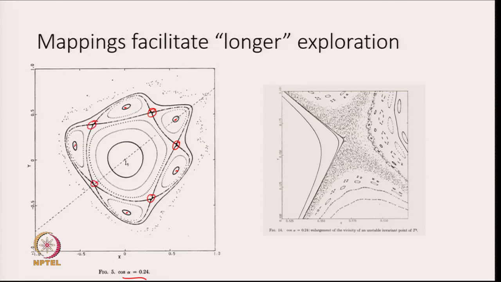Now, the hyperbolic fixed point, you can't see it itself because it is an unstable fixed point, but you can see the effect of the heteroclinic tangle if you zoom, and this I think is a zoom of this particular point over here. What you see is that the image of this heteroclinic point is somewhere over there, and then every point over here you see is really an image of this heteroclinic tangle.